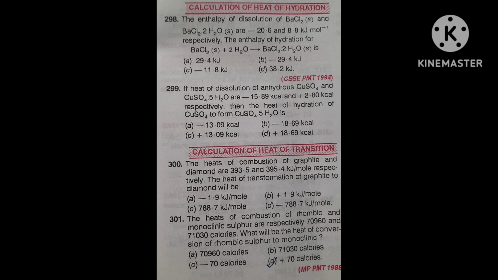Again I am repeating the question. If heat of dissolution of anhydrous copper sulfate and copper sulfate 5H2O are minus 15.89 kilocalorie and plus 2.80 kilocalorie respectively, then you have to calculate the heat of hydration of copper sulfate to form copper sulfate 5H2O.